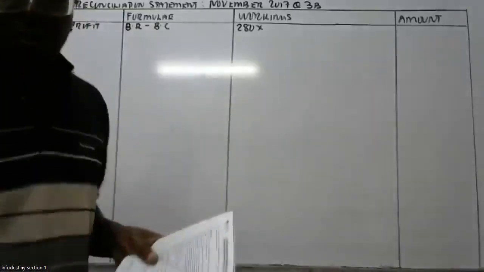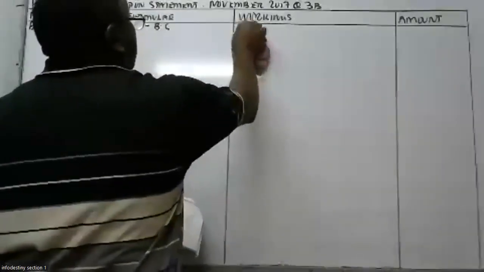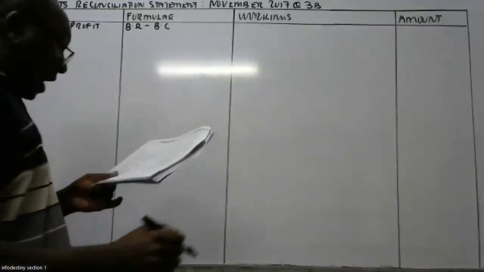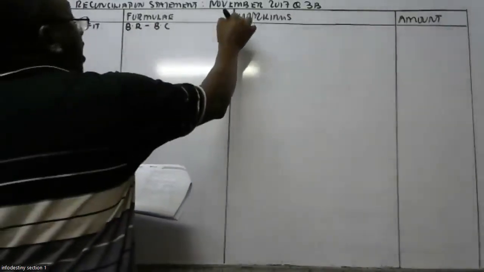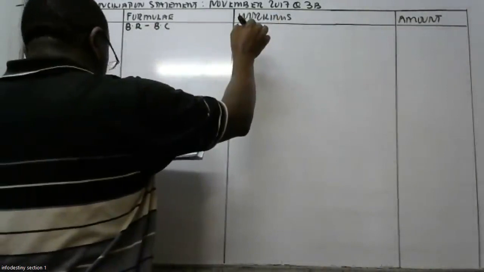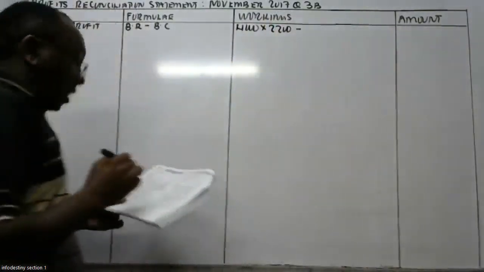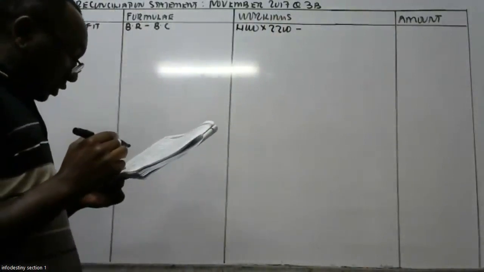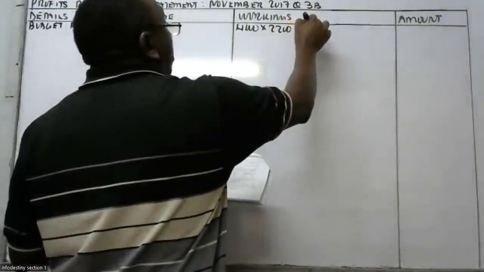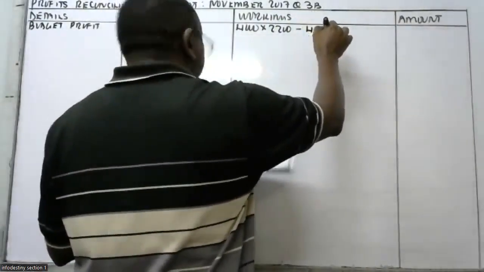Or maybe let me comply with the formula as I've written so that it does not confuse you. According to the budget, we want to sell 4,000 units at a selling price of 2,200, and 4,000 at a cost of 1,920.